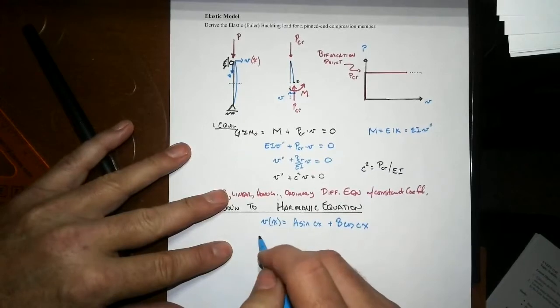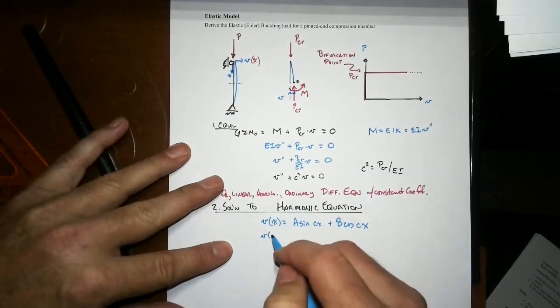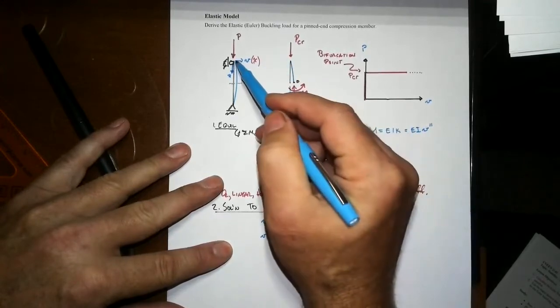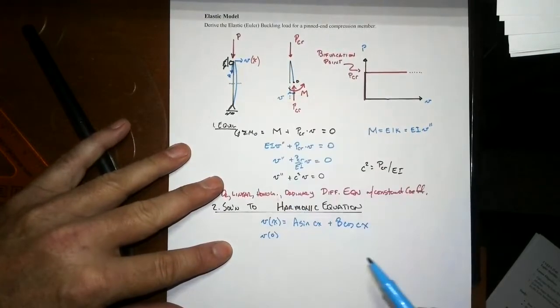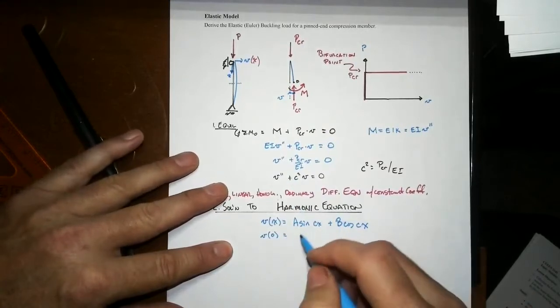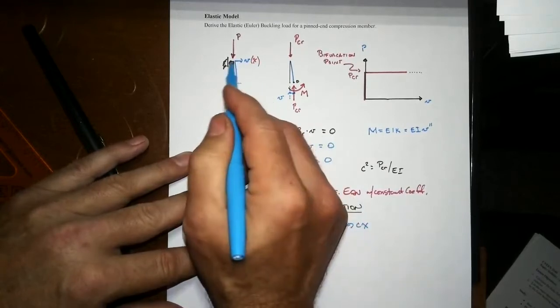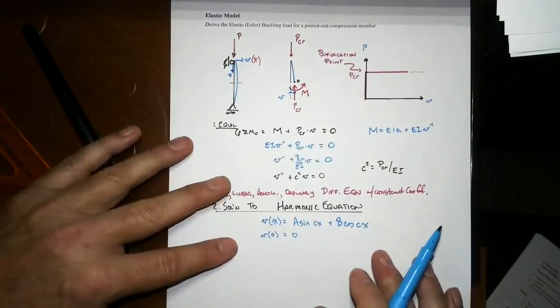Right, so let's look at the boundary condition at 0. That would be up at the top, this pin-end system, right? And it has a 0 displacement there. It's not moving perpendicular to the long axis.